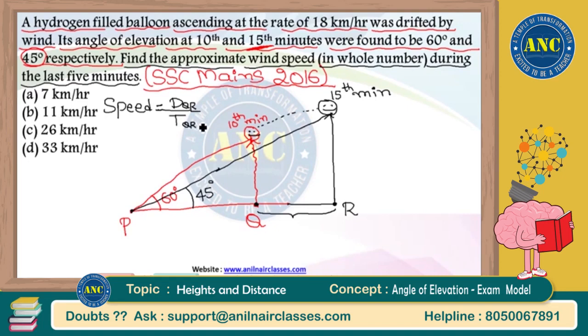The time is known to us. Distance is not known. If I find the distance from Q to R, my answer is over. As simple as that. Let us not make it complicated.